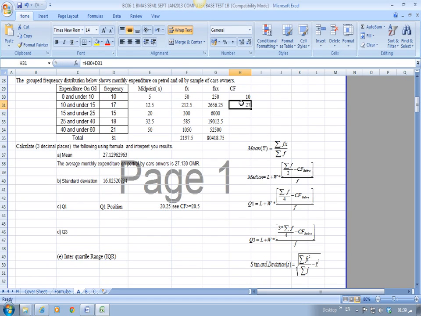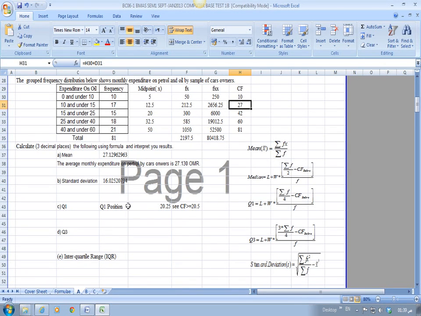After that, drag it down and it will calculate the rest for you. So first equal this, then the next one 10 plus 17, and continue like that. This is the cumulative frequency.